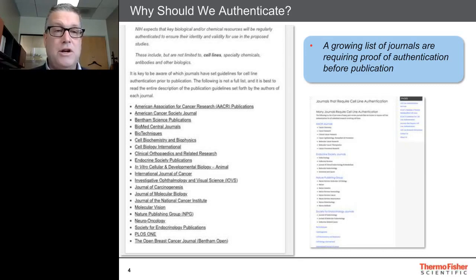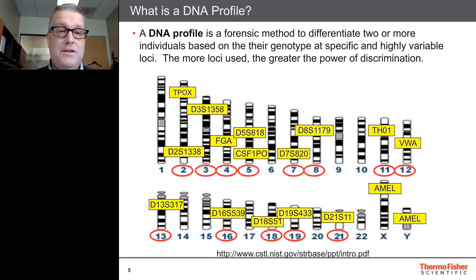These journals are requiring that you provide some kind of authenticity test for the cell lines you have, and preventing you from publishing results that result from cell lines that have been misidentified. Again, the list is growing, and it is going to be a large requirement in the future as the problem is becoming more recognized.